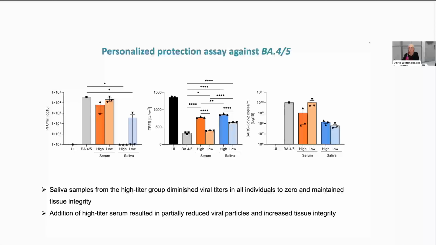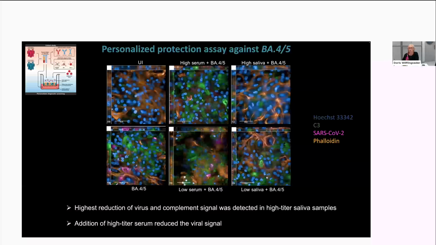So we can say that this system can also be used for making such personalized assays. In addition to those analyses, we did immunofluorescence analysis and found the highest reduction of virus and complement signal in the high titer saliva samples, which coincided well with the other tests in our system. And the addition of high titer serum also reduced the viral signal.